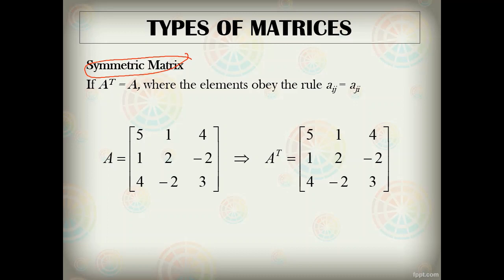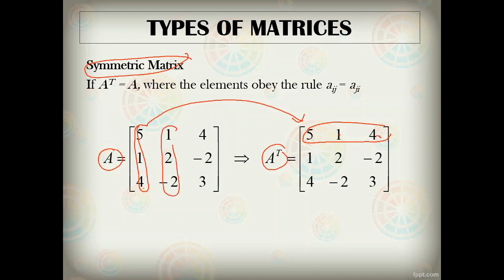For example, here you have matrix A, and then when you transpose the matrix A, you see, when you transpose the first column to row, 5, 1, 4, 5, 1, 4. You transpose the second column to row, you still get 1, 2, minus 2. You transpose the third column, you get the third row here, which is 4, minus 2, 3.